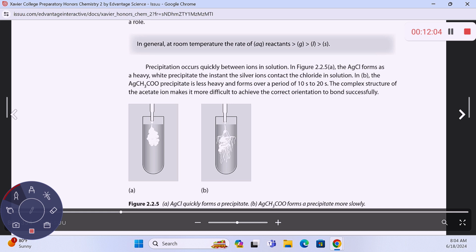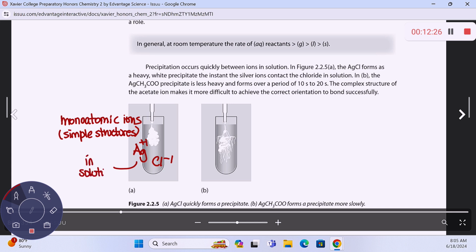Here on the left-hand side, I've got a silver ion and chloride ion in solution. These are monoatomic ions, which are considered to be very simple structures. And notice they're also in solution.